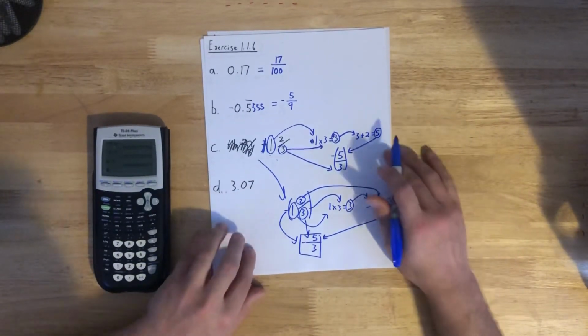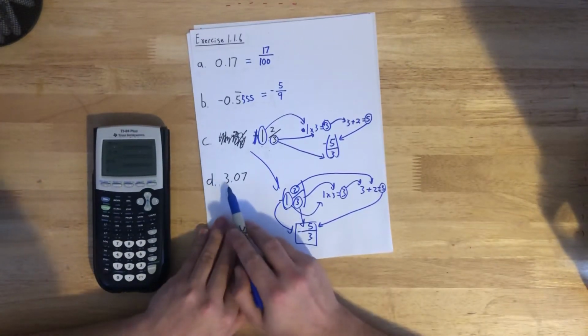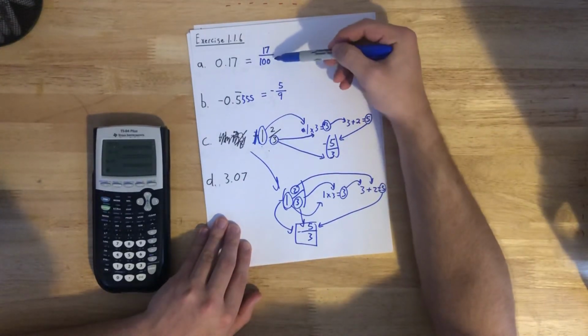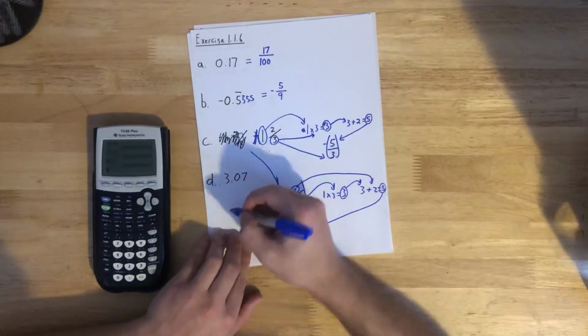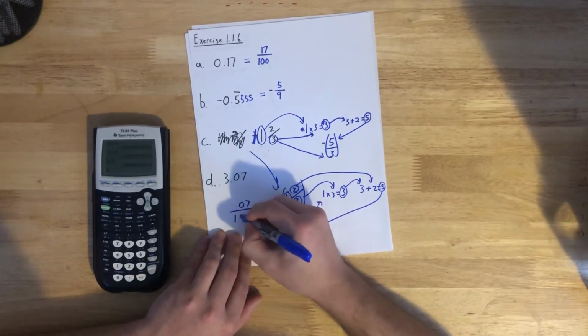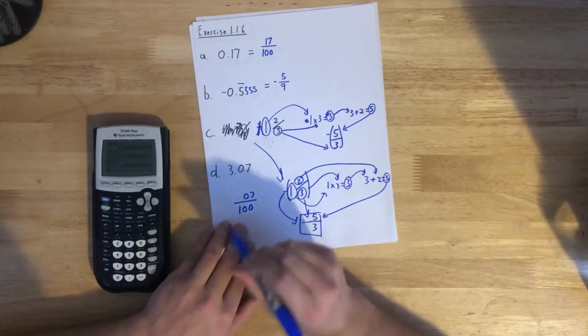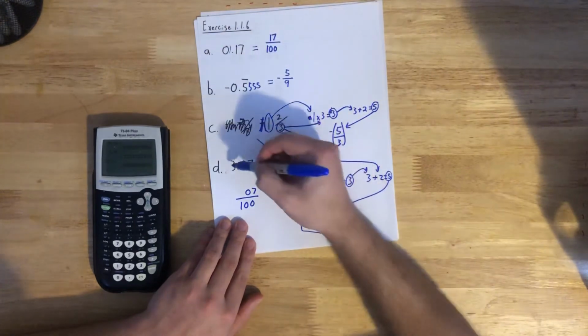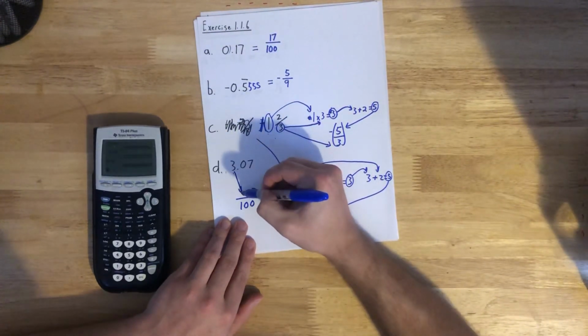Going back to this one. Okay, so again, we have 2 decimal spots, the same thing like this one here, so it's going to be over 100. So we're going to go 0.7 over 100. Now here's the kicker. We have 3, which is larger than 0, so this 3 is actually going to go here.